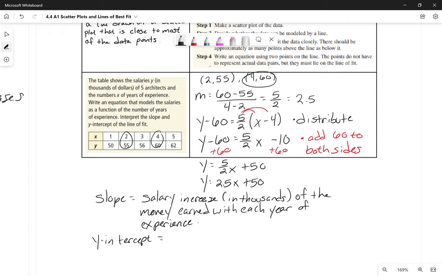You've got the degree. When x is 0, it lets us know that our y-intercept, which is 50, means that starting out, the architect will be earning $50,000 a year.